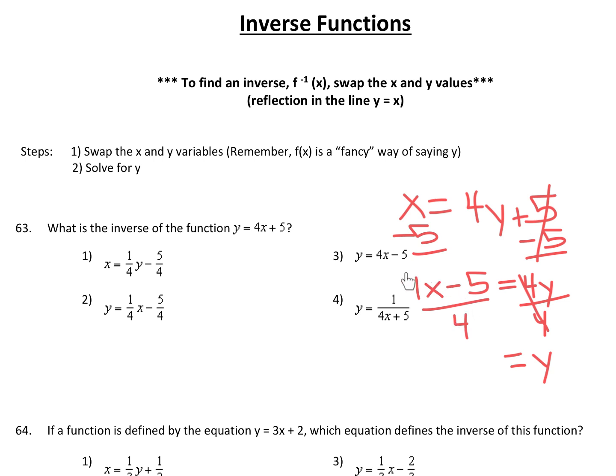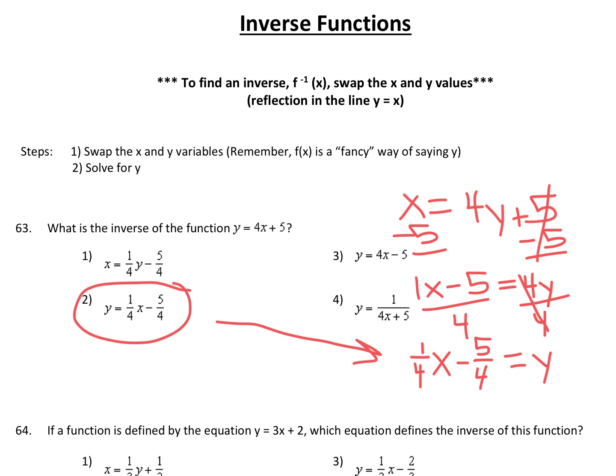So here we would have 1x over 4, which we could write as 1/4 x, and then minus 5 over 4. We could see that choice 2 matches up with our equation here. Let's look to the next page, page 35, and let's look at number 66 right on top.